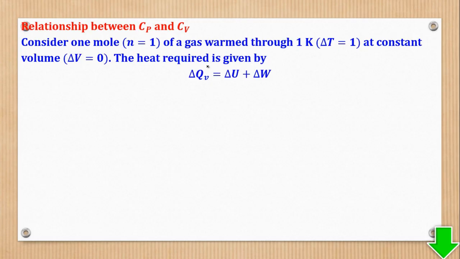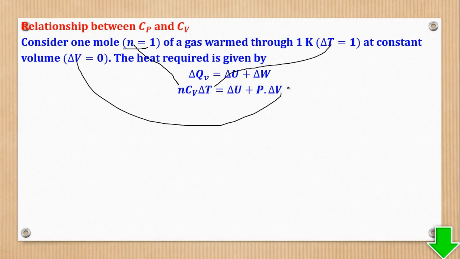And remember, we saw the formula for dQV. It was nCv times the change in temperature. Then you already saw earlier the formula for external work done. It was pressure times change in volume. Now we shall remember that n is equal to 1, delta T is equal to 1, and delta V is equal to 0.